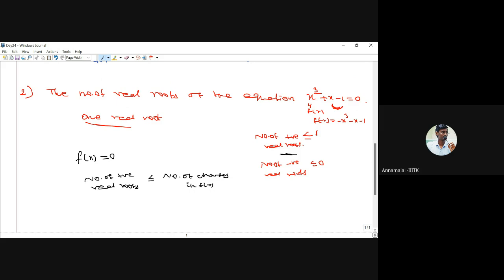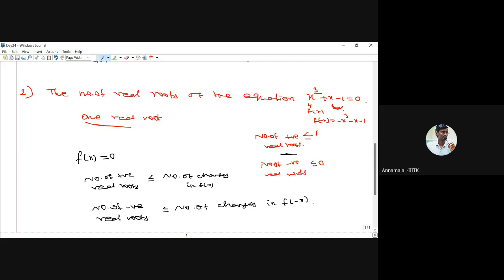Changes means what? Plus to minus or minus to plus. And the maximum number of negative real roots is less than or equal to the number of changes in the equation f of minus x.